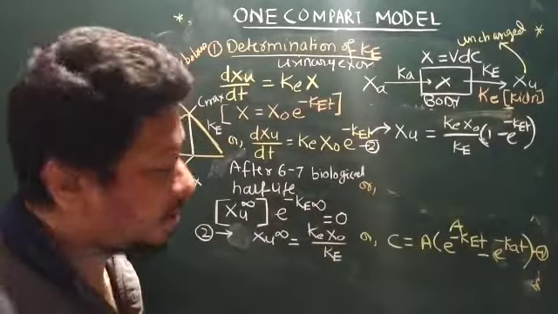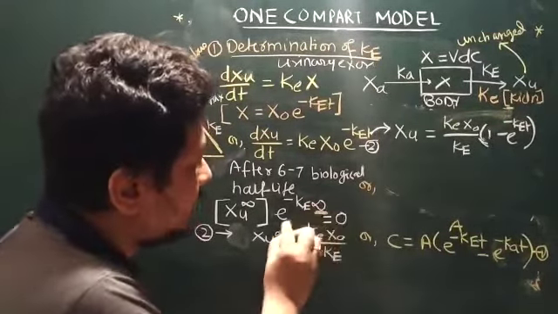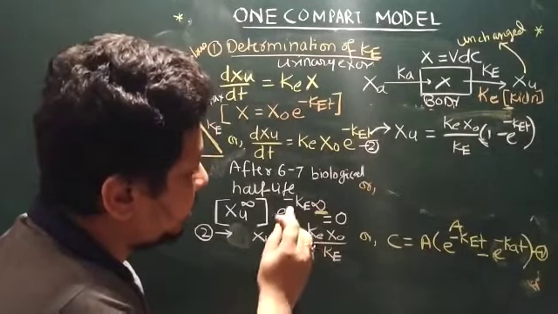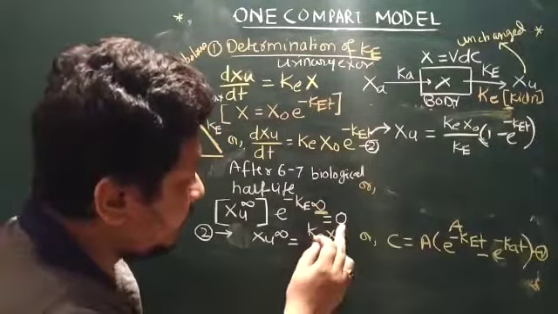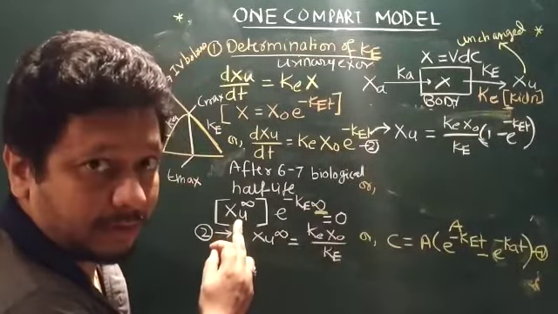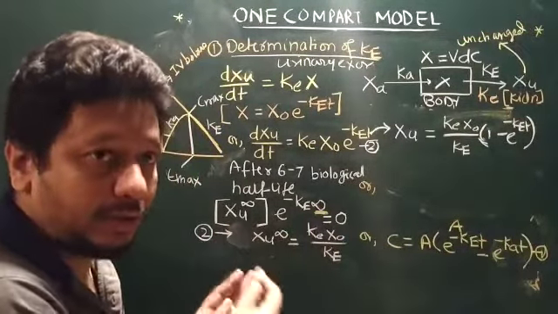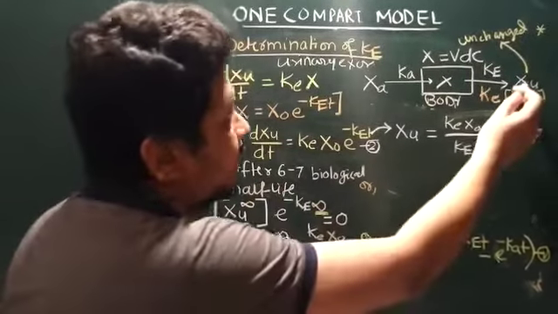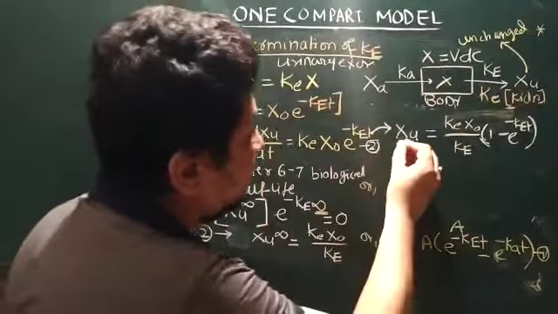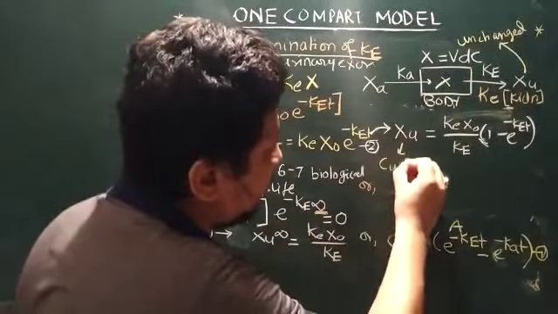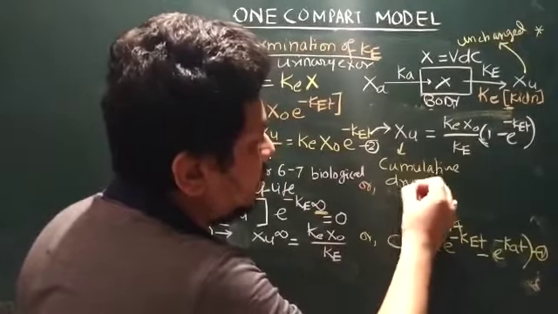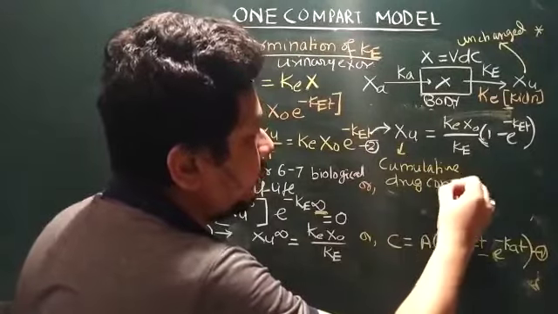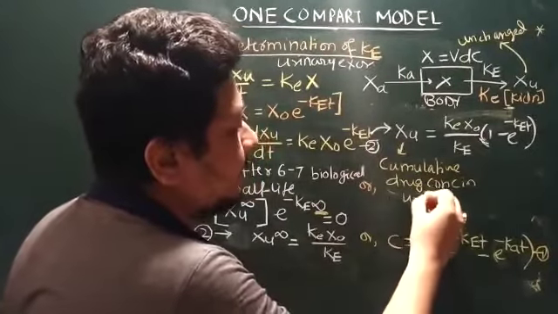We can consider this as infinity. We assume that e raised to minus Ket is equal to 0. At that time, you remember this XU, this is nothing but the cumulative drug in urine.